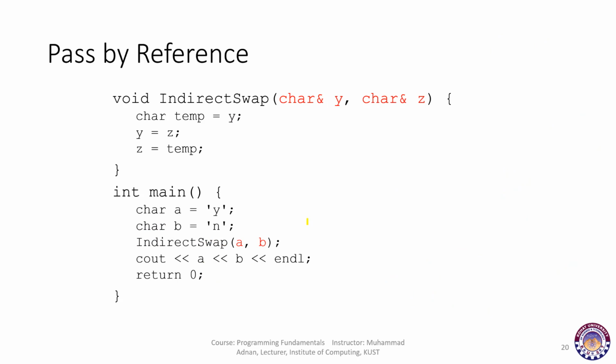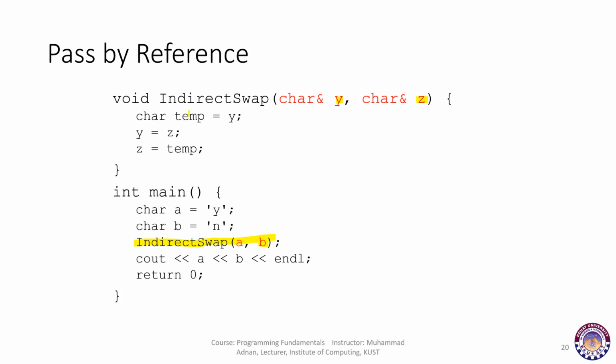But we have another way of indirect swap where we can call the indirect swap function, and if you write the ampersand sign with this y variable and then with the z variable, now y and z are able to store the address of a and b. So the address of a is now inside y, and the address of b is in z.